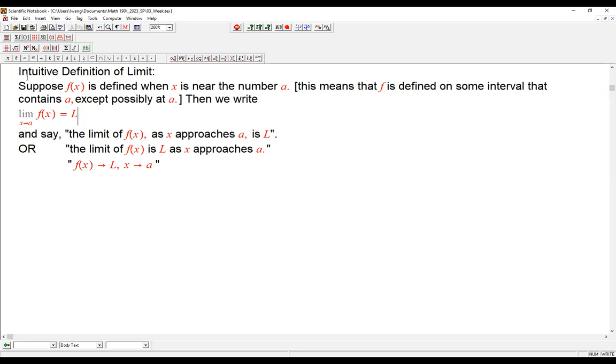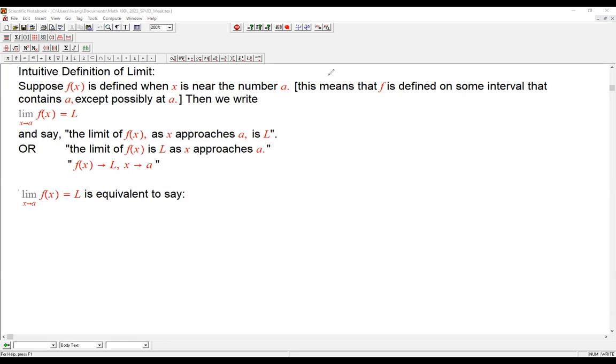So when a limit exists for the function when x approaches a, this also implies, if f of x has a limit as x approaches a, this is equivalent to say the following. So let me make a picture here for you.